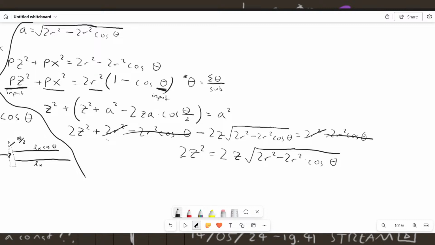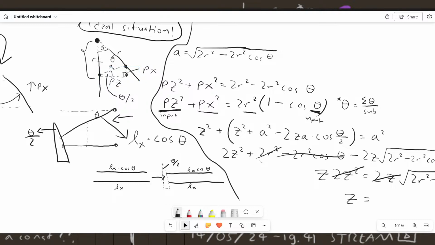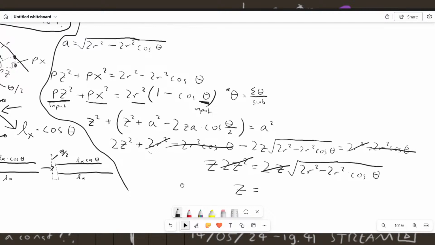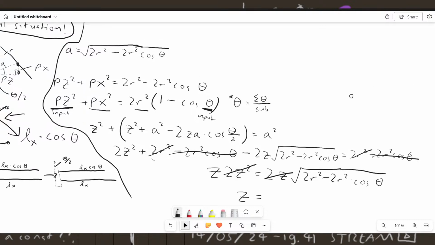And then this is a z, so we cancel that, and we're left with 1z. So the final thing is this. So z equals a? That doesn't make sense. Z equals a. Wait, what? Wait, hold on. No. No. There's no way. But why is that?